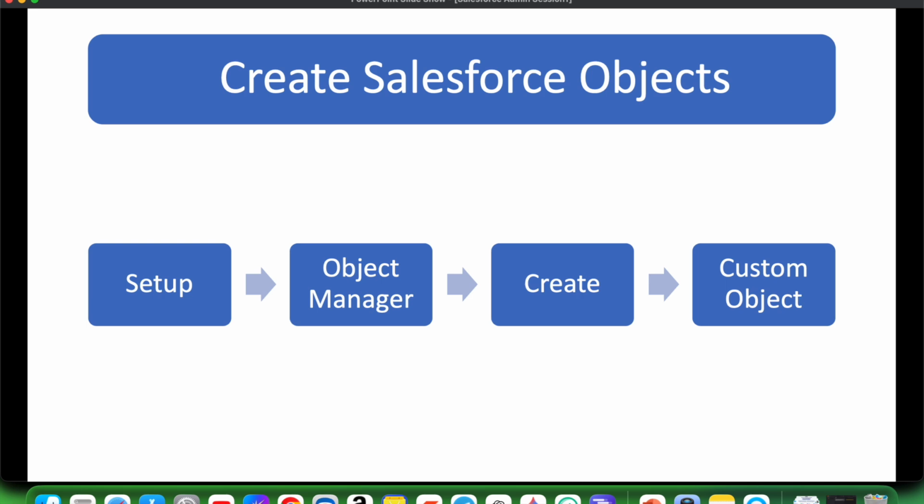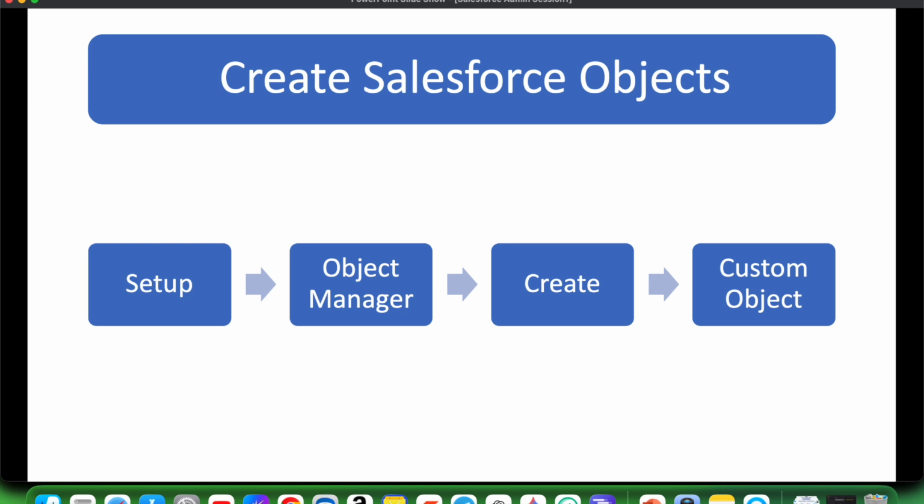Objects are nothing but database tables to store and organize data. There are two types of objects. One is standard object and one is the custom object. Standard objects are the objects that are already predefined by Salesforce.